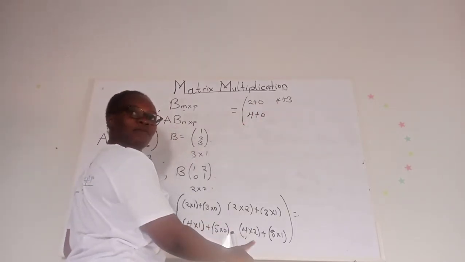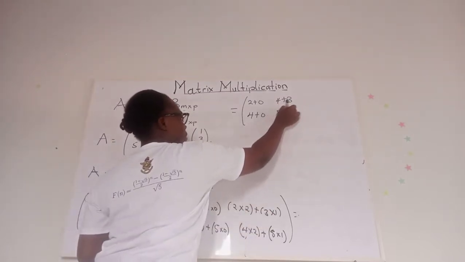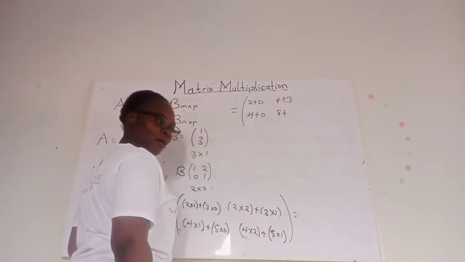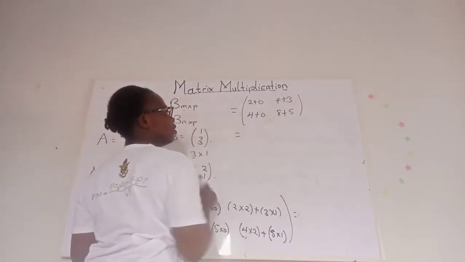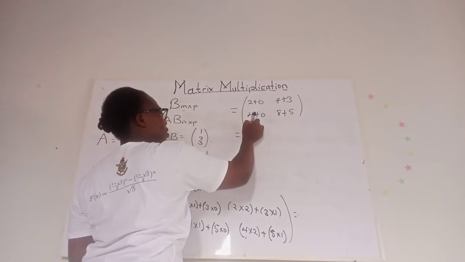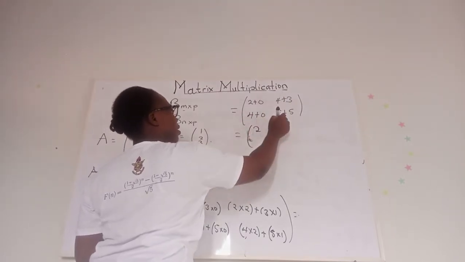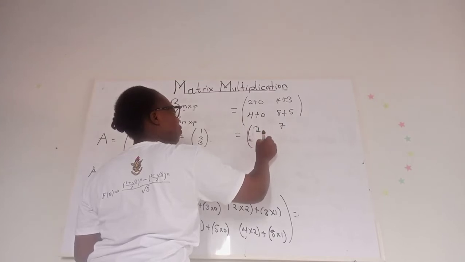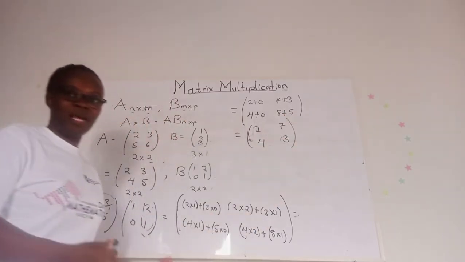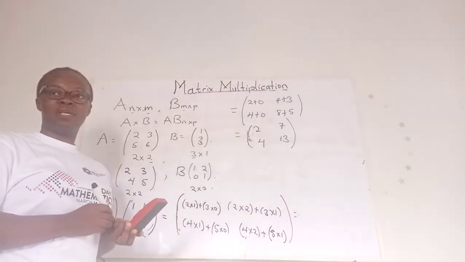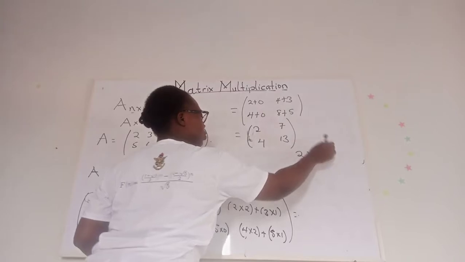Then what do I have here? 8 plus 5. Very good. So that's going to be my final result. If you add, I have 2, 7, 4, 13. So this is the product of the matrix AB of order 2 by 2.